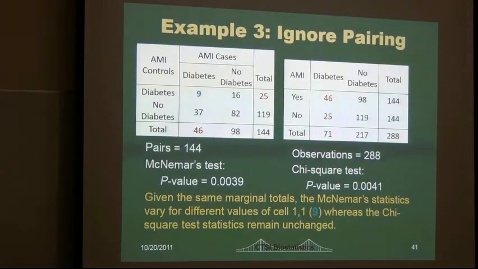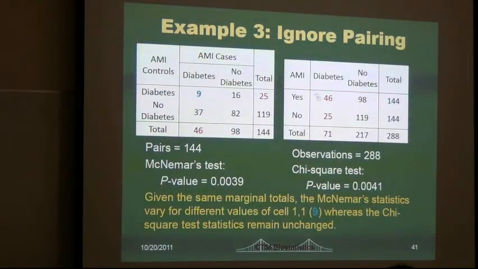Now, what happens if we ignore the pairing? As I explained earlier, the difference in proportion is what we want to test for: the proportion of diabetes in control and the proportion of diabetes in the cases. Because of the pairing, we know how many of the pairs have diabetes in both subjects.